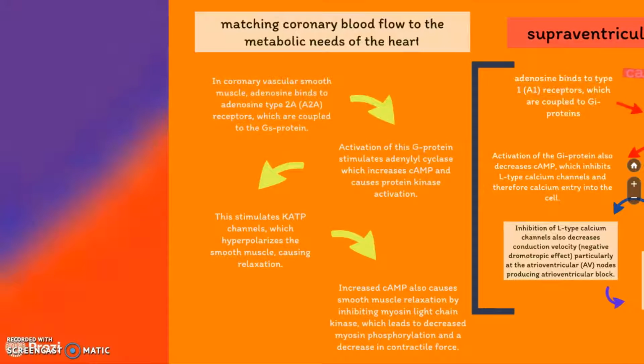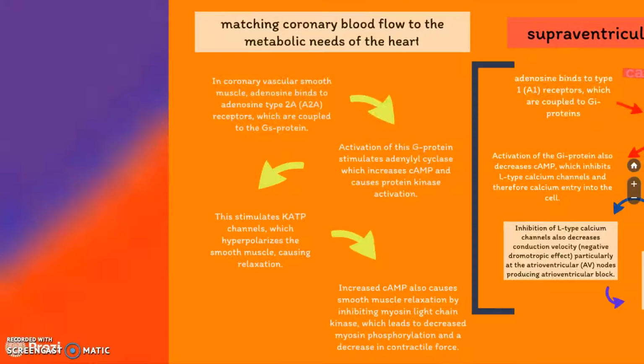Mechanism of action in matching coronary blood flow to the metabolic needs of the heart. In coronary vascular smooth muscle, adenosine binds to adenosine type 2A receptors which are coupled to a G protein. Activation of this G protein stimulates adenylyl cyclase, which increases cAMP and causes protein kinase activation.